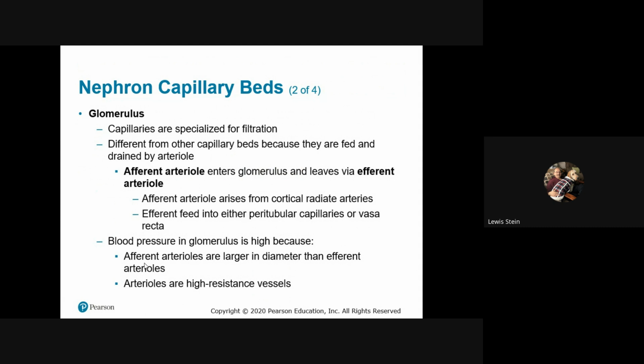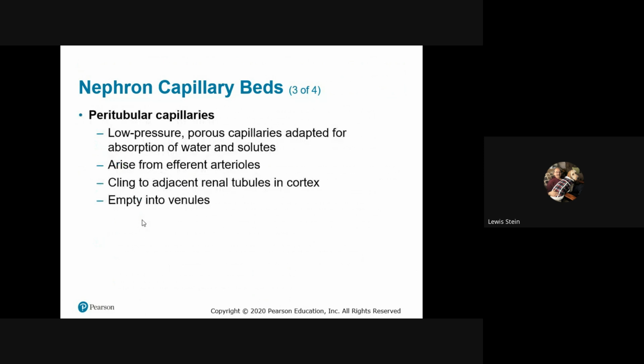They've got to be able to accommodate that in order for the filtration to work. You're going to see the pressure in a second. And then the peritubular capillaries and vasa recta are different. They're low pressure. By this time, the pressure has been absorbed and utilized as a way to generate the filtrate. And these happen to arise from the efferent arteriole, just like the vasa recta.